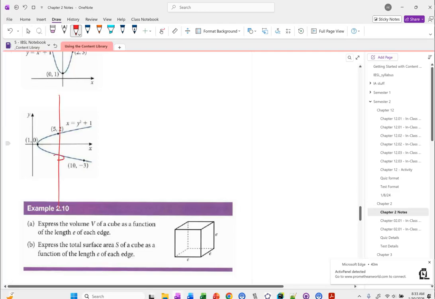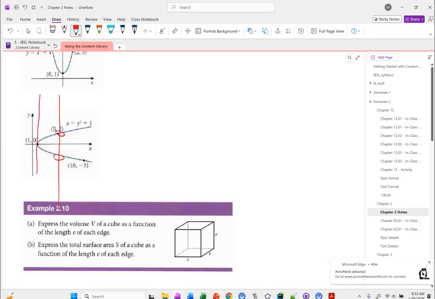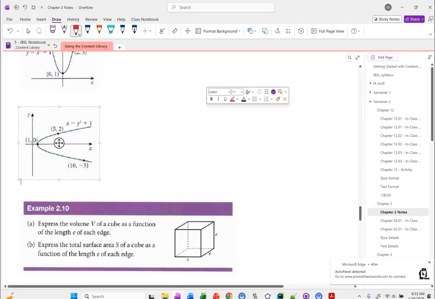For example, that particular x has two y's, not a function. Now, does it matter that I can draw a vertical line where it only hits once? Nope. I just need one vertical line that intersects the graph more than once, and it's a fail. Pretty good? Okay. Usually that sticks pretty good.